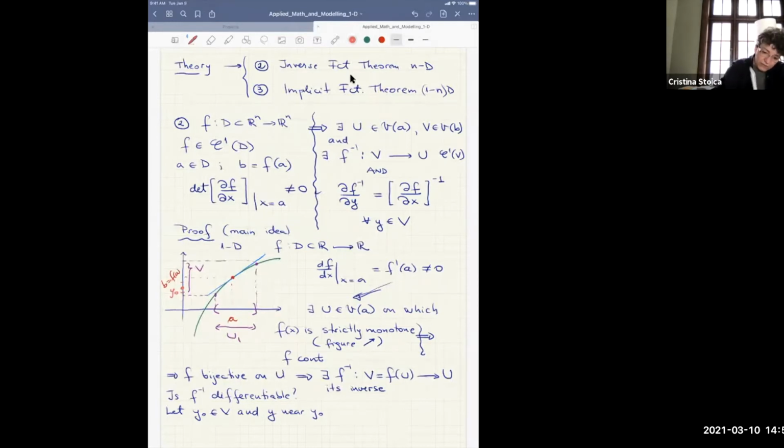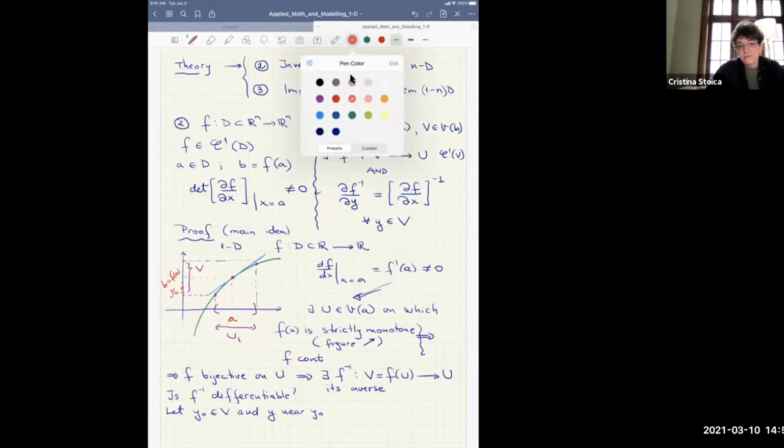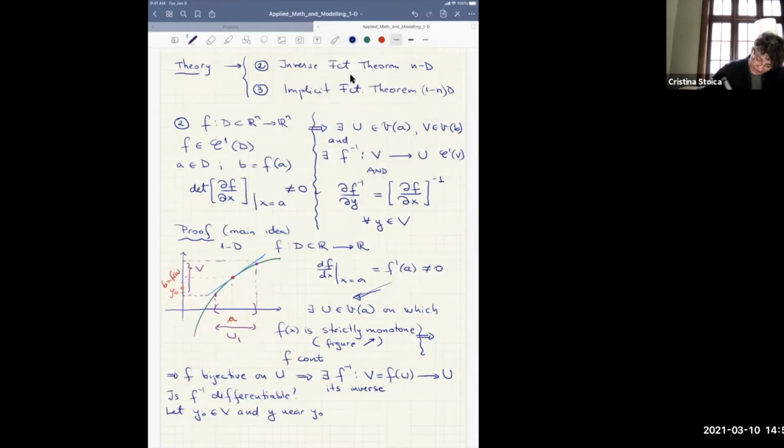And what I know I have to do when I do derivatives is form f minus 1 of y minus f minus 1 of y naught, over y minus y naught, and then take the limit as y tends to y naught. But these guys are in V, so this means that I will have an x naught in U such that f of x naught is y naught, and an x in U as well such that f of x is y.